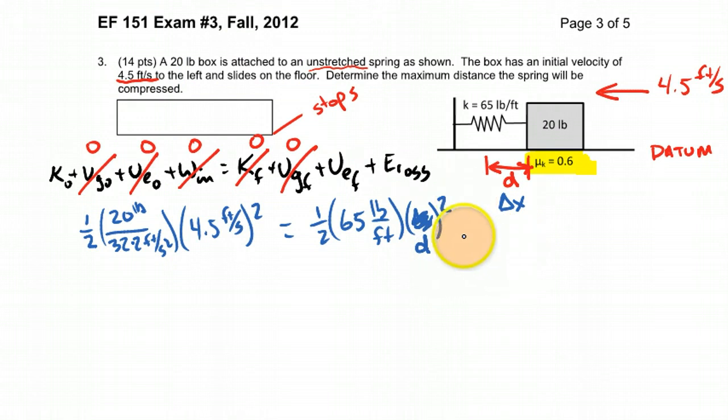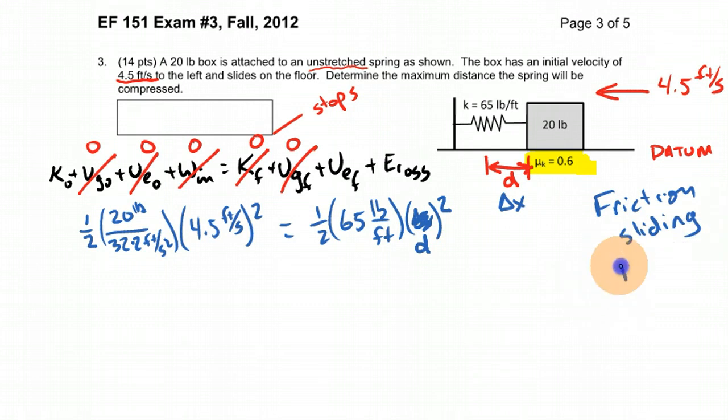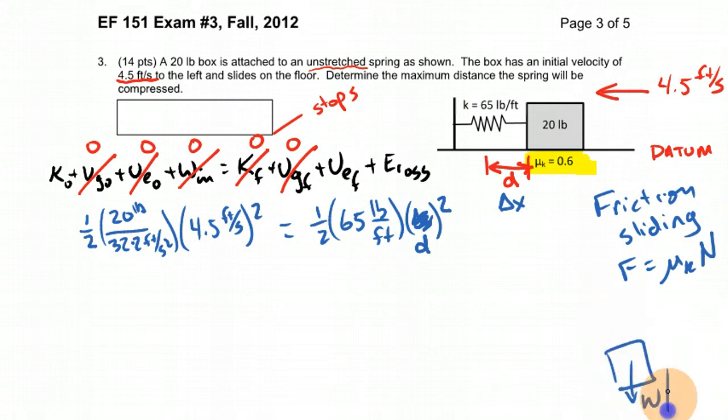Okay, and then our energy loss is going to be friction. So friction when sliding, the force is mu sub K times N. If we draw a free body diagram of our box, we've given a simple case. I guess a complete free body diagram would have the spring force pushing there.